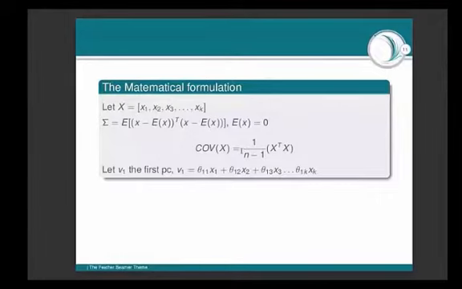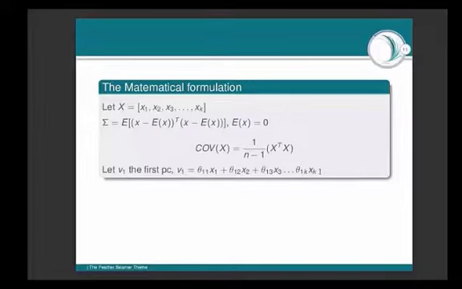Let P1 be the first principal component. B1 is equal to theta 11 times x1 plus theta 12 times x2 plus, and so on, theta 1k times xk.